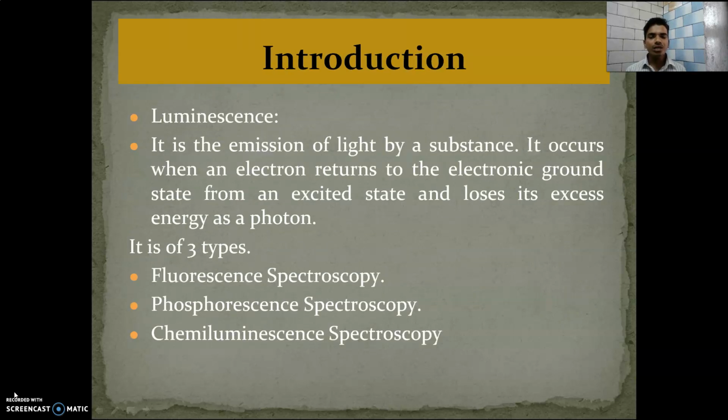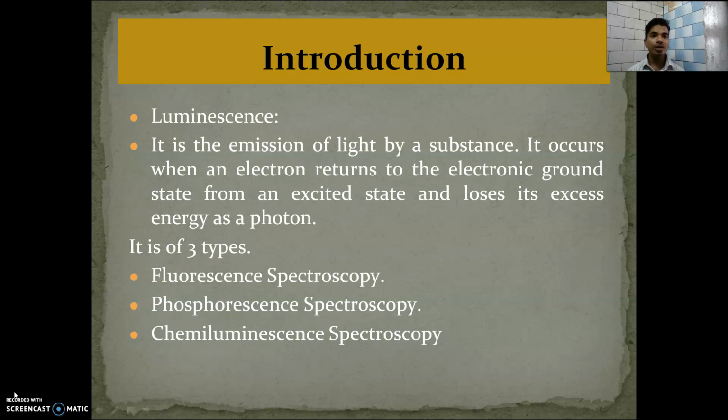Then we will learn about photoluminescence, or luminescence. We will come to know what fluorescence, phosphorescence and chemiluminescence are. Luminescence is nothing but the emission of light by substances. It occurs when an electron returns to the electronic ground state from the excited state and loses its excess energy as a photon.